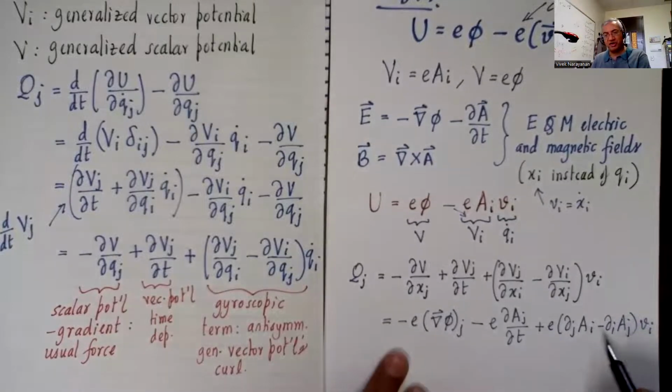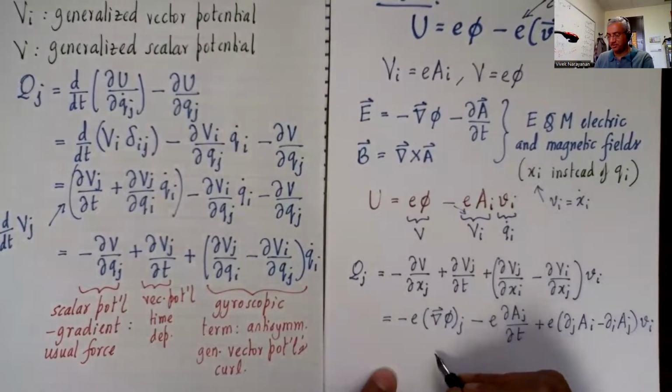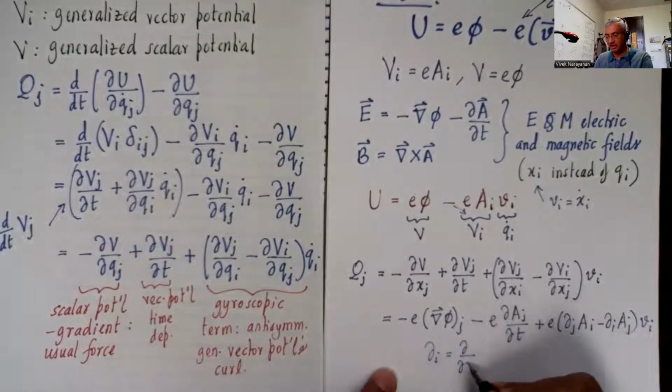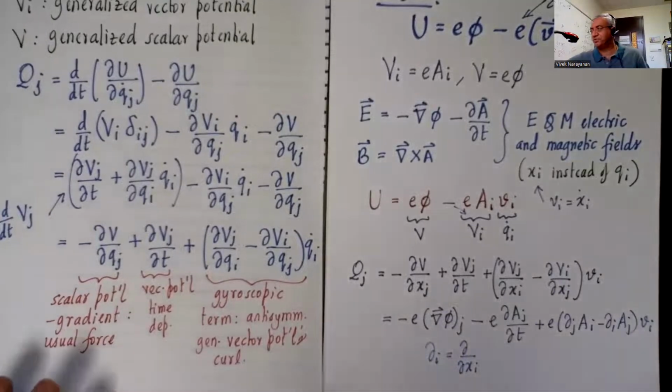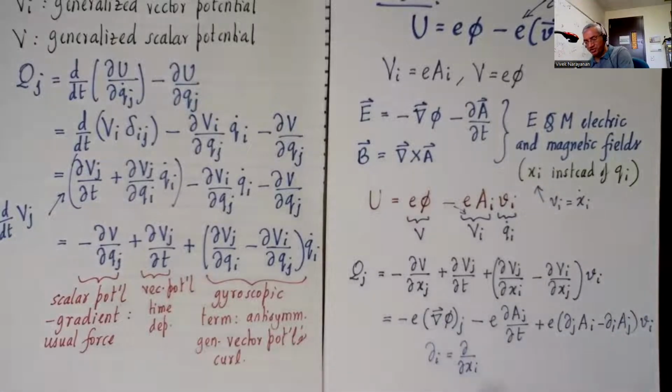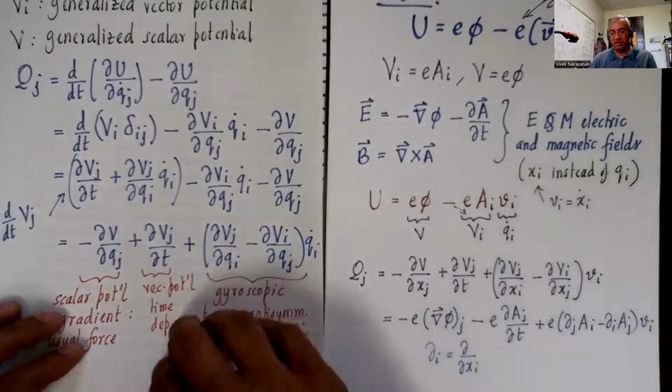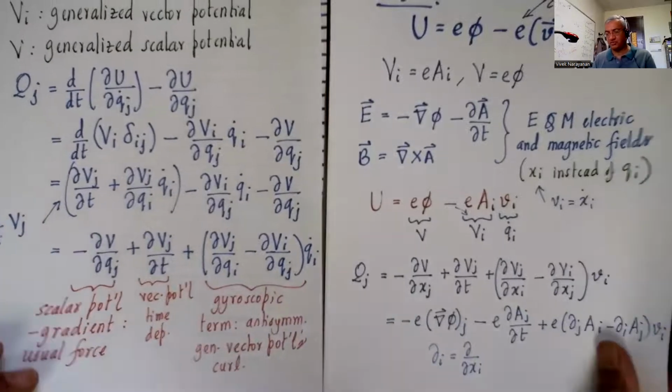I have to somehow interpret that, so that's my next job. By the way, when I say del I, I mean del by del X i. It's a convenient notation for partial derivative with respect to the X coordinates. So now we'll try to interpret this term.